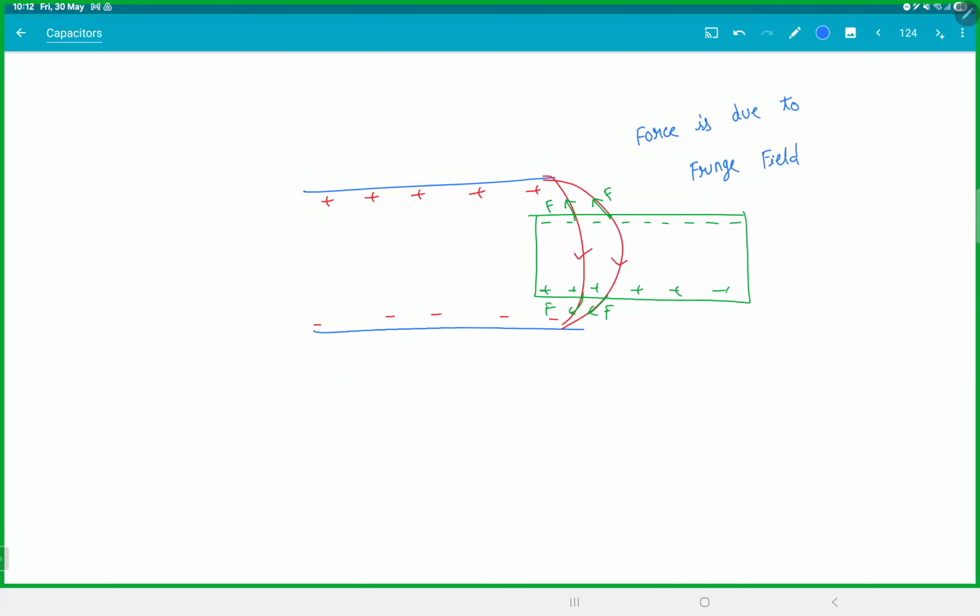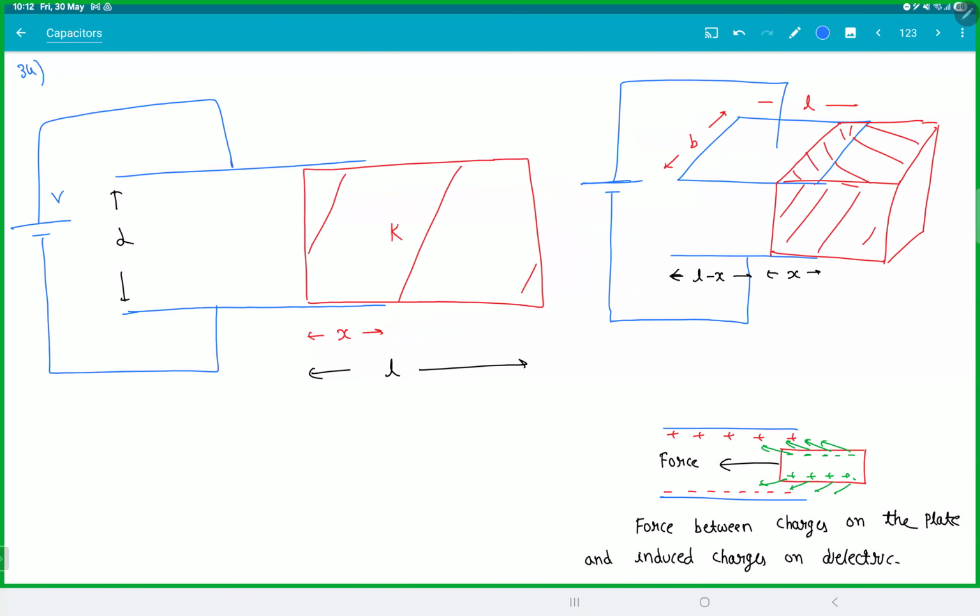Making sense? So this is the whole story, the picture and everything. Find the C equivalent, find the energy stored, and find the force on the slab as a function of x. x is the distance the slab is inside.